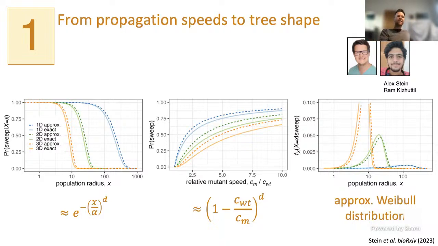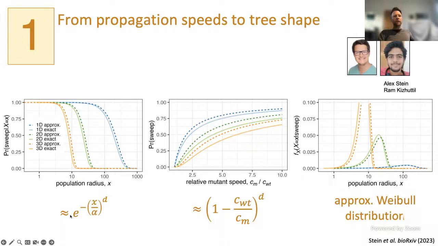And that seems like a very crude assumption, but it turns out that if you make that assumption, you get much simpler mathematical results, and they turn out to be, as shown by the dashed line versus the solid line here, very close to the results of analyzing the exact model, the complete model.